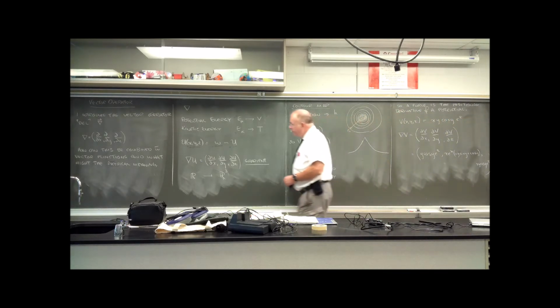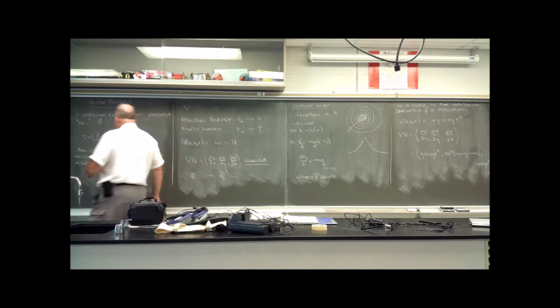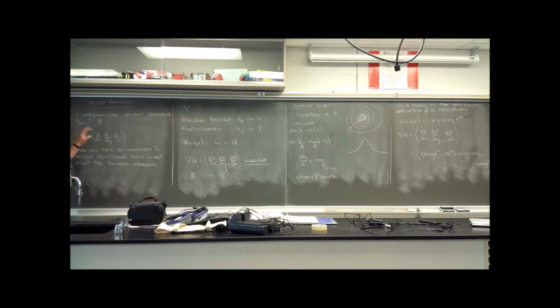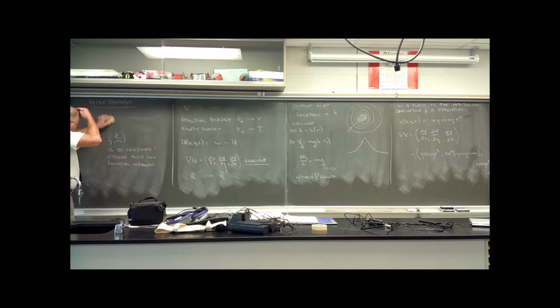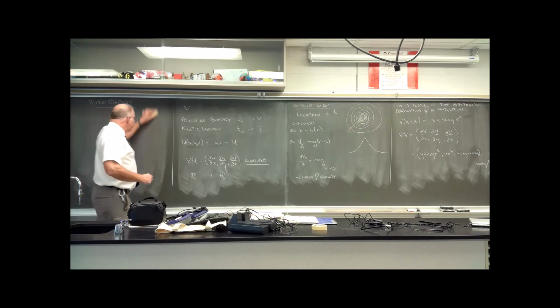Now we can multiply this vector by a scalar, like we've done. We could now turn around and take del and do a dot product and decide what that tells us.